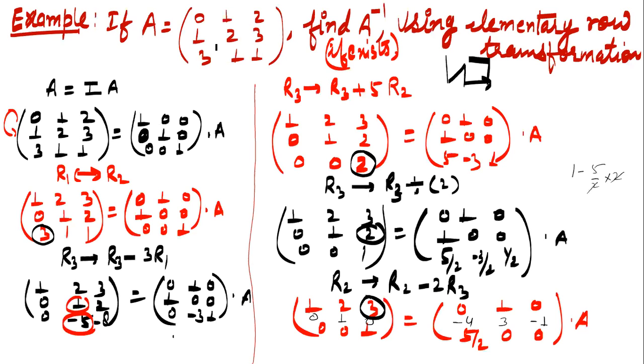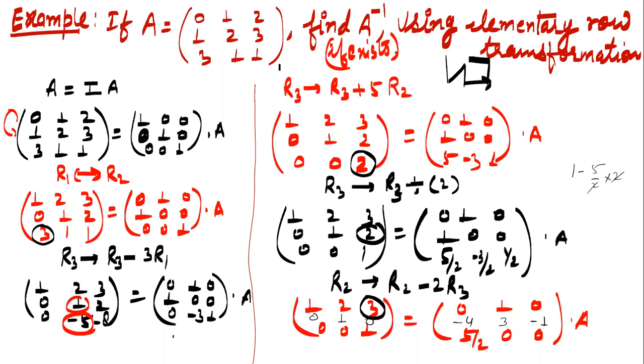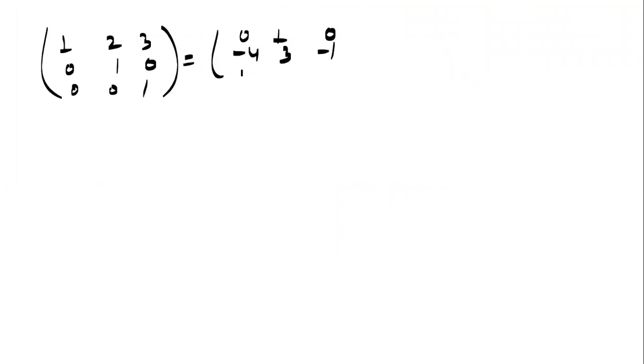It is 1, 2, 3, 0, 1, 0, 0, 0, 1 equals 0, 1, 0, minus 4, 3 minus 1, 5/2, minus 3/2 and 1/2.